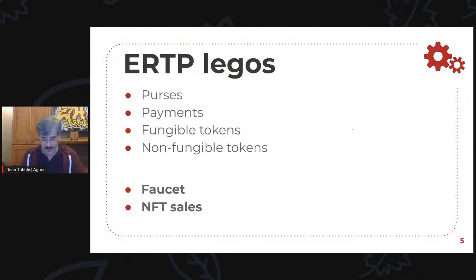And not only do those have reusable smart contracts you can plug in and have a faucet for your own token, or do NFT sales for an NFT you mint for the application that you built, but they have dapps as well to be able to show these things.